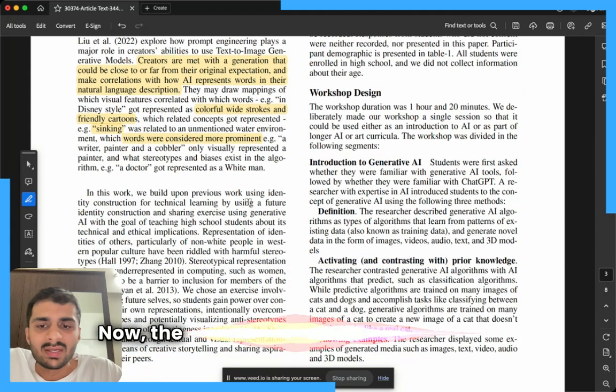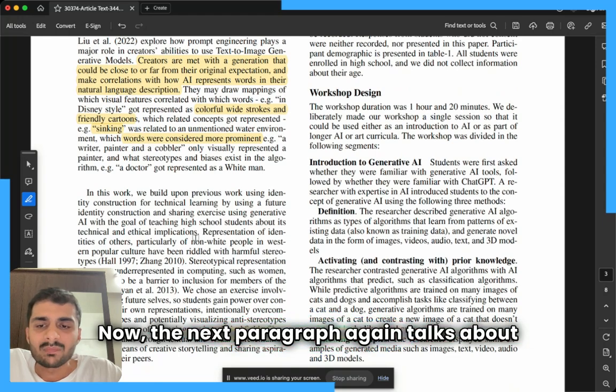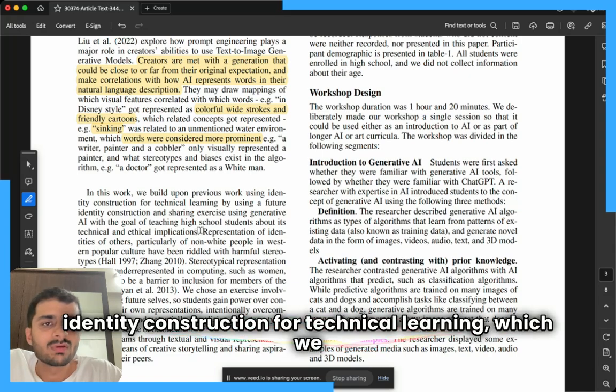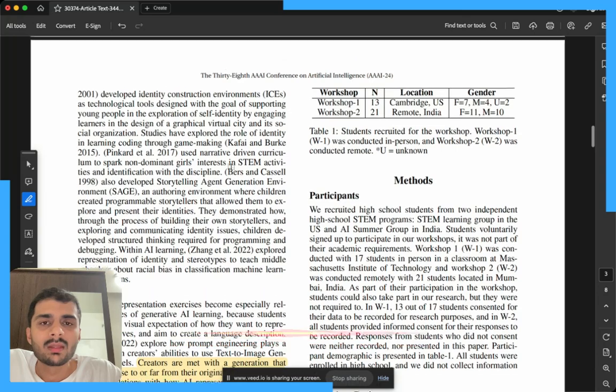Now, the next paragraph again talks about identity construction for technical learning, which we have already touched upon before.